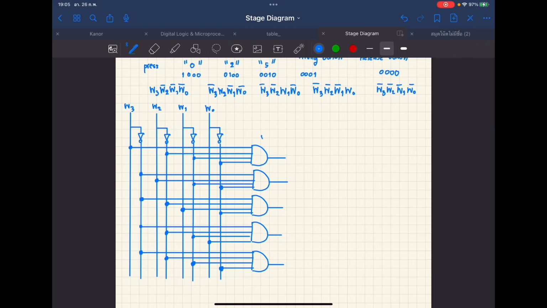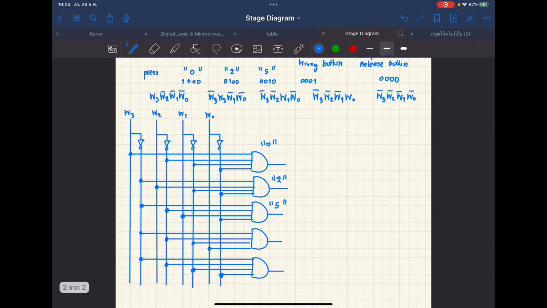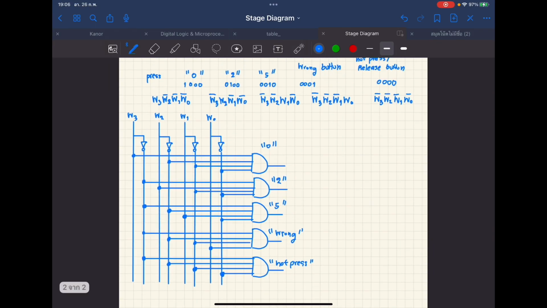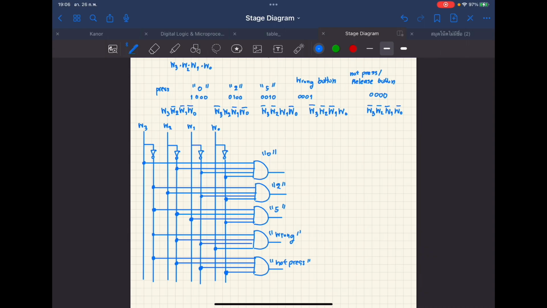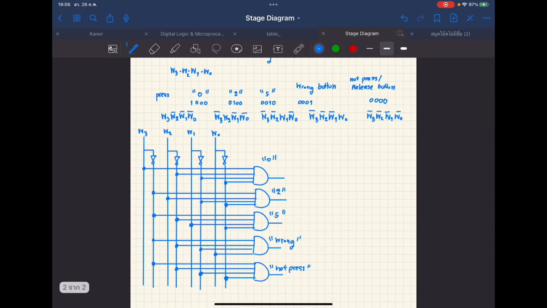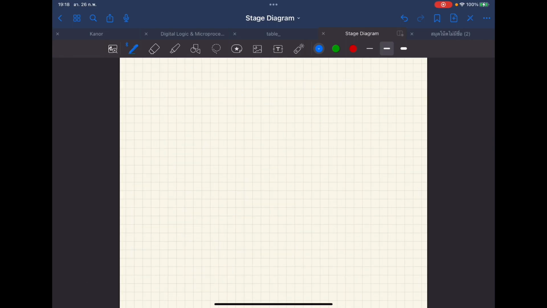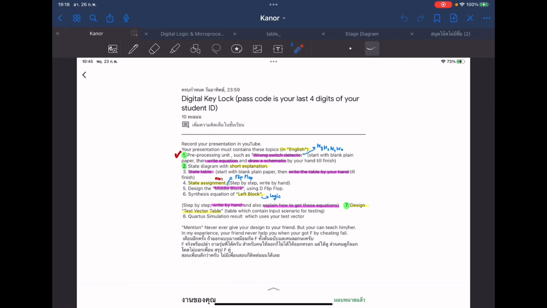And this, the first one, is if we press 0, if we press 2, if we press 5, the wrong switch, and if we press nothing. This is the wrong switch detector diagram.